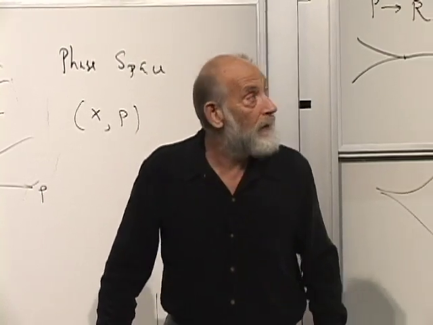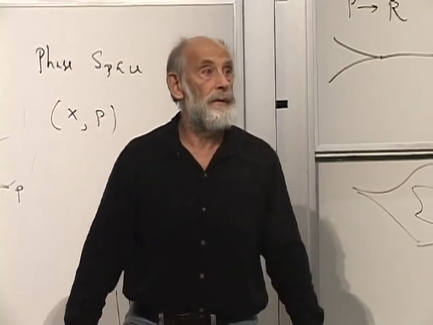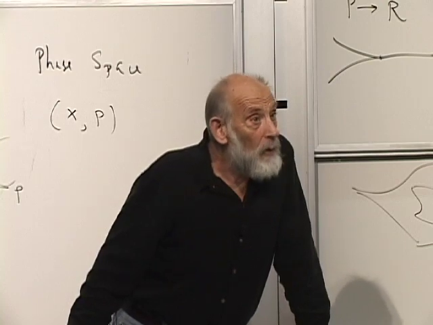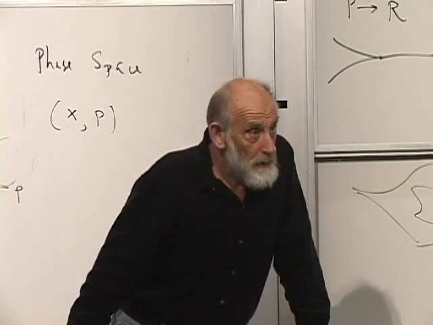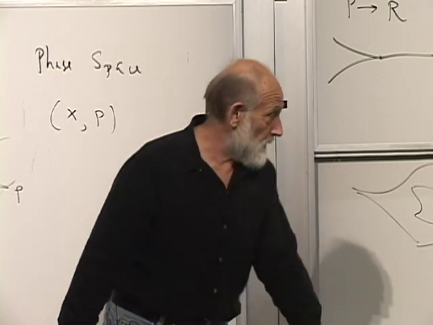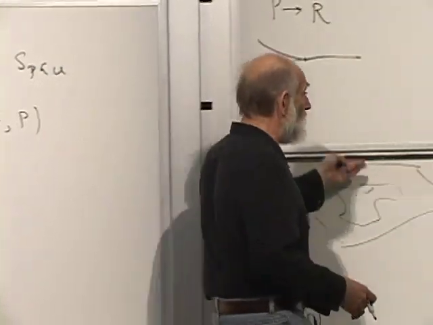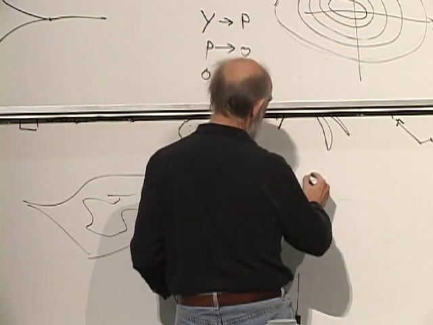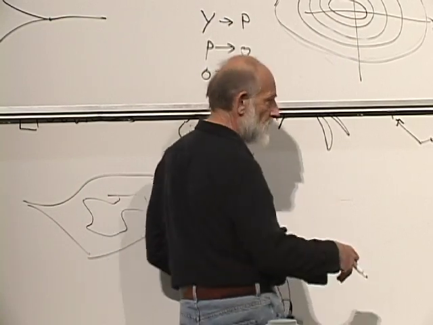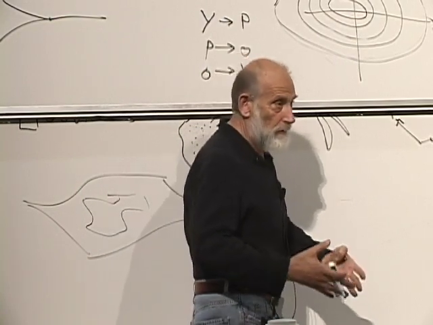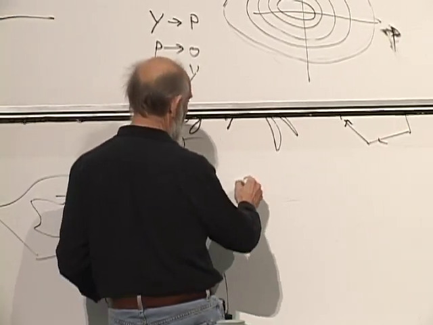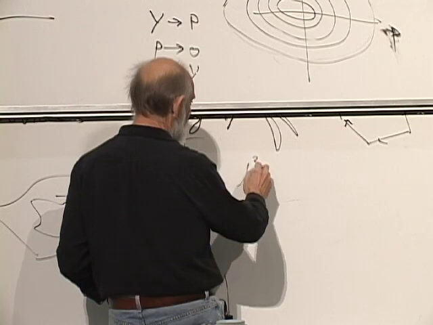In your statement of Liouville's theorem, you talk about the volume of the points in phase space, not in ordinary coordinate space. Not in ordinary space, okay, so let's just remember what a volume in phase space means. Let's say it's a simple particle, one particle. Then a volume in space has units of length cubed.